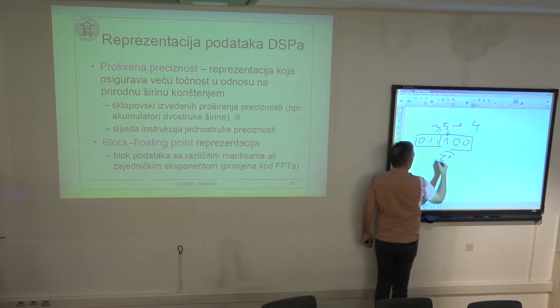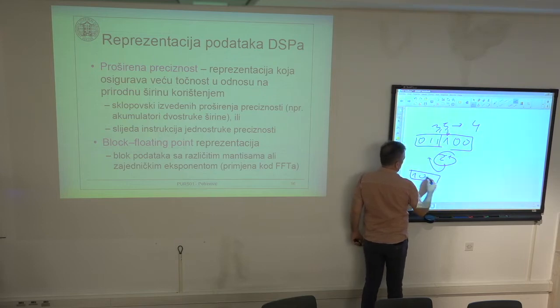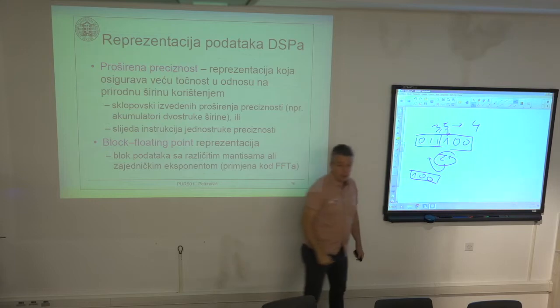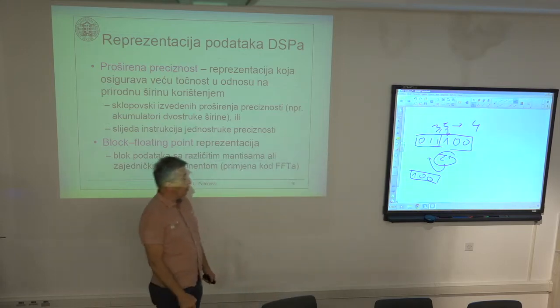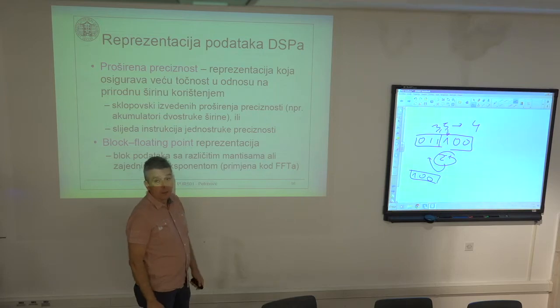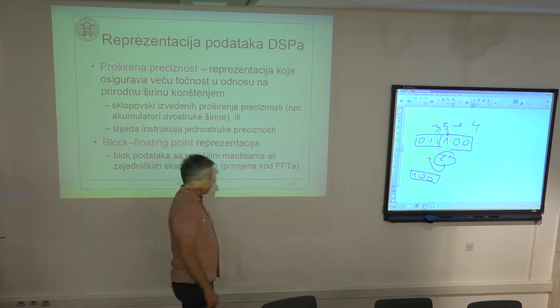In this case I do the rounding, and this rounded value is 4. In this example, 4 is an illegal value, because the largest positive value would be 3. So this would cause a wraparound, and this value would actually be minus 4.